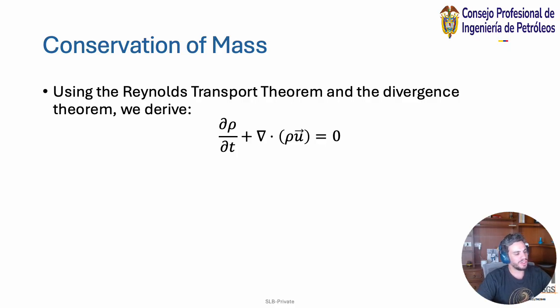Because when we say conservation of mass, this applies to almost everything in the world, right? So if we're using the Reynolds transport theorem and the divergence theorem, we can derive this equation where we have partial rho with respect to partial t plus the gradient of rho u, and we set that equal to 0.